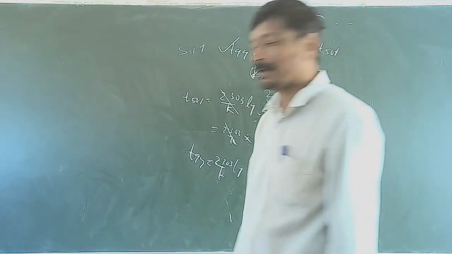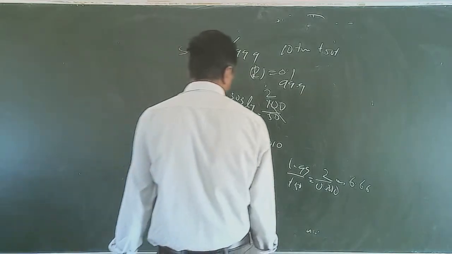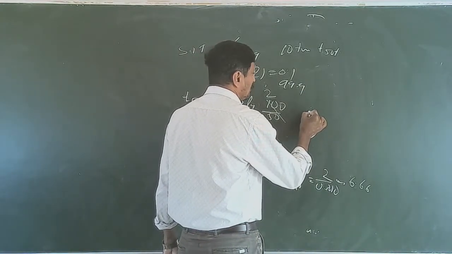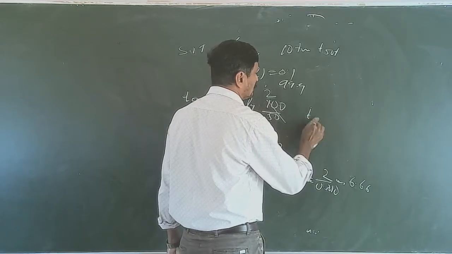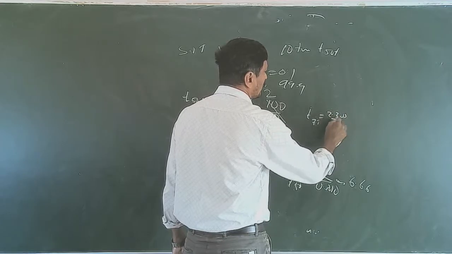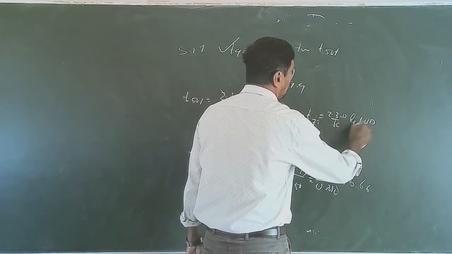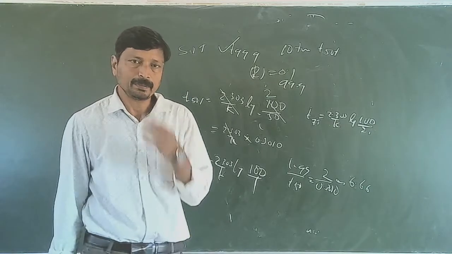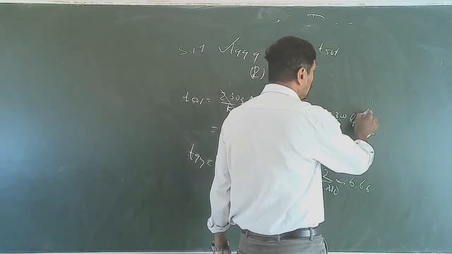Suppose you are asked to calculate T 75%. T 75% is equal to 2.303 by K log of 100 divided by 25. 75% reacted means R is equal to 25%, therefore the ratio is equal to 4.